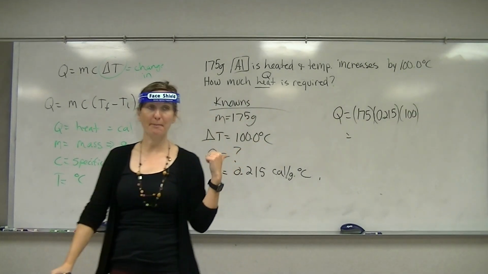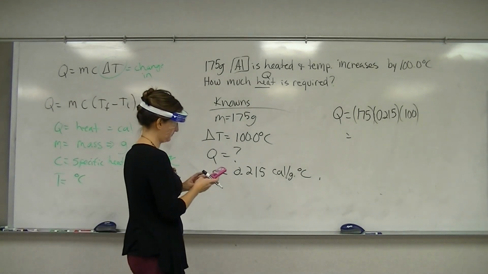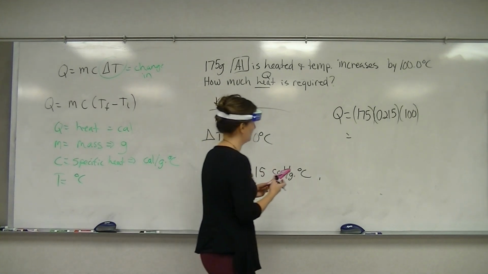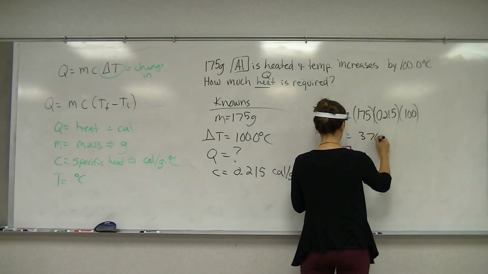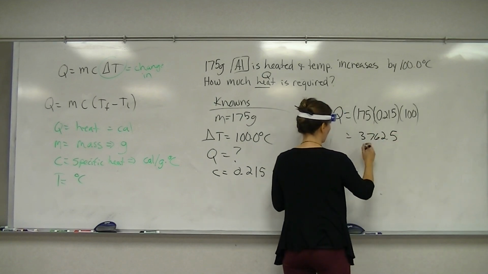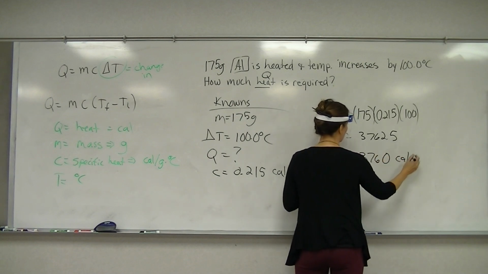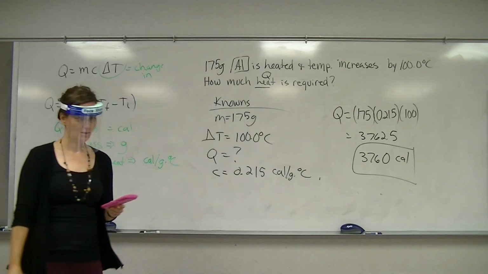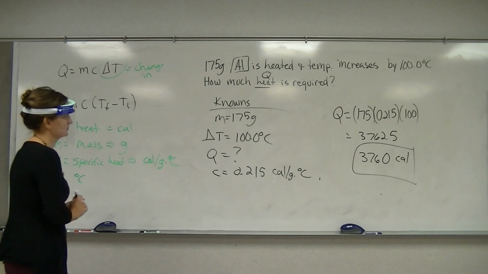So this time I'm going to get a positive Q value. 3762.5, with sig figs it's going to look like that. Units are calories for our heat.